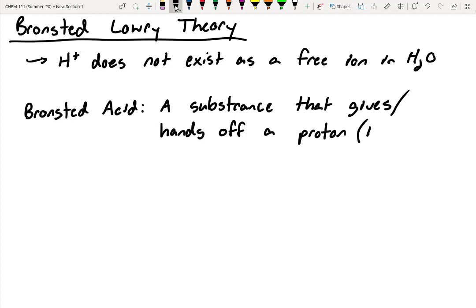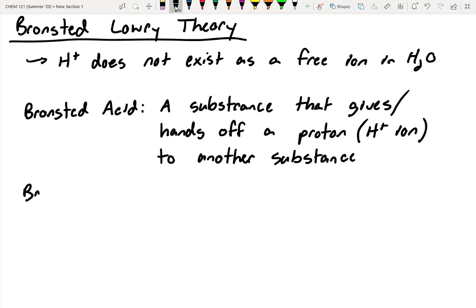And again, a proton is just an H plus ion to another substance. So if we use that track relay analogy, the Bronsted acid is going to be the first runner with the baton. And then a Bronsted base is going to be the thing that receives it.